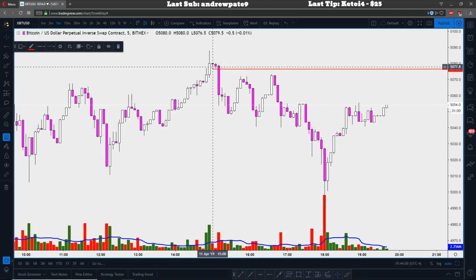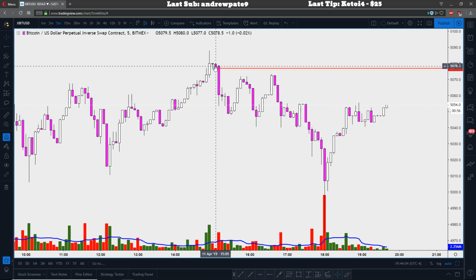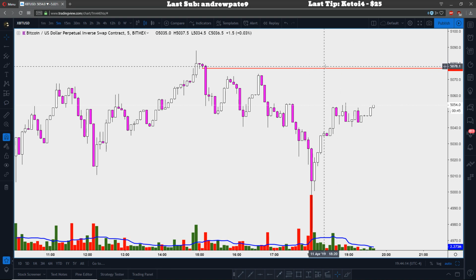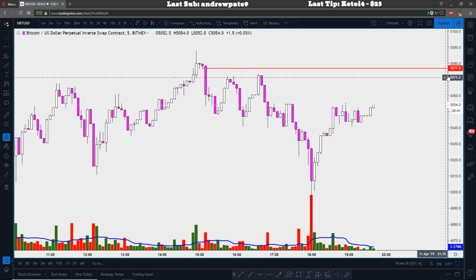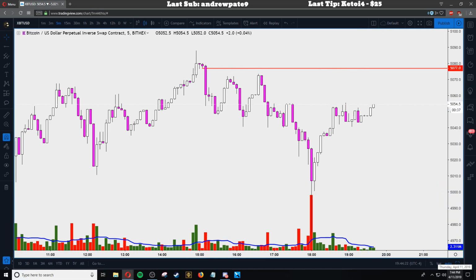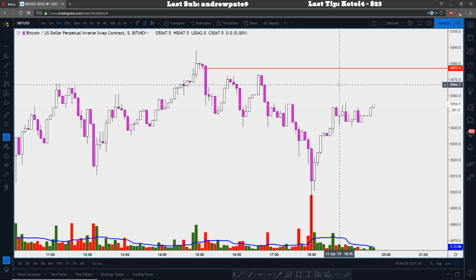We're going to take the last form of support before the impulse move down. We have not tested this yet. This is one that we're going to have to keep our eye on in the future when price makes it to this level, 50.77. So I'm not going to have time to check on this video, but you guys can mark this level for the future to see if it plays out.